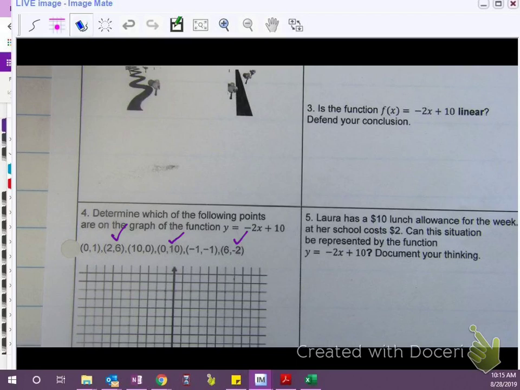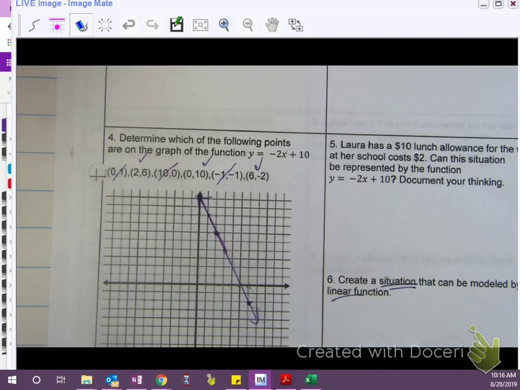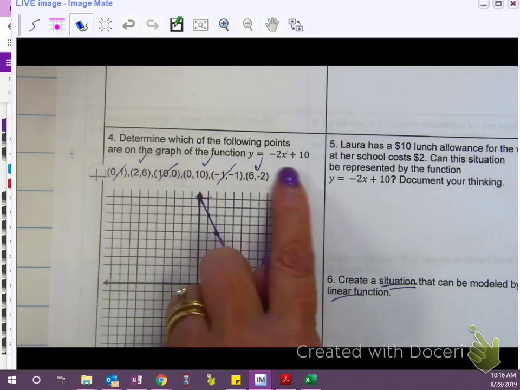Now you can do this one of 2 ways. You can actually draw the graph and look to see which points are on the line, or you can plug those numbers in and calculate the results and figure it out from there. If you actually drew the line, then you can look and see which points are on it, or you can substitute the value 2 in for x.